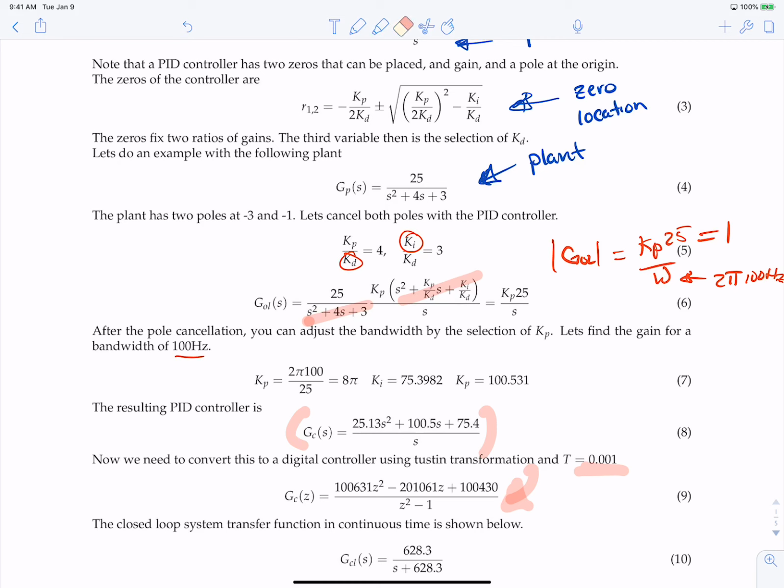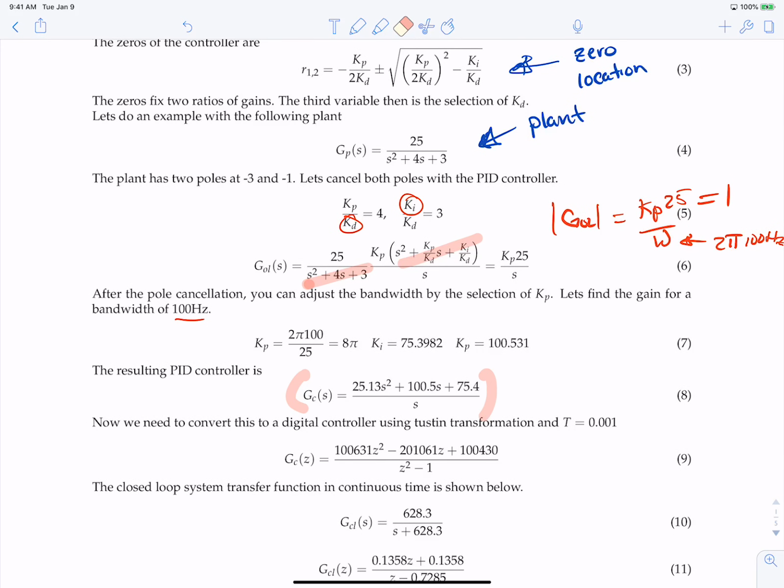So we took GC of S, this equation here, used the Tustin approximation for S, and solved for GC of Z. Okay, so this is what our controller looks like.